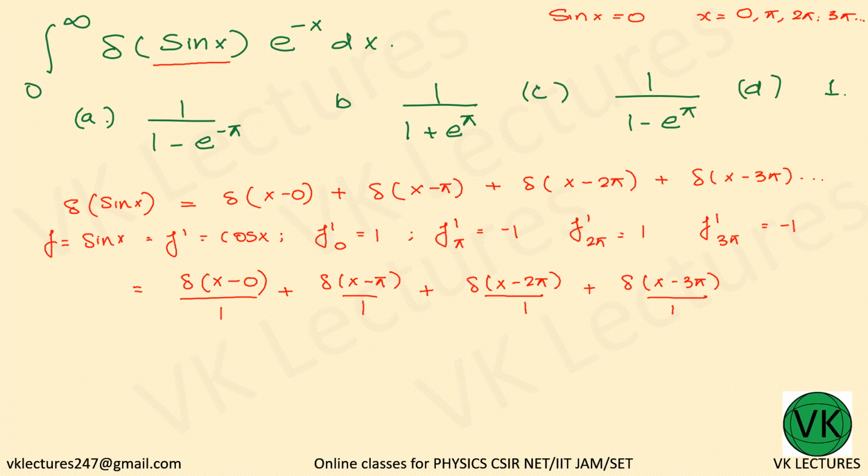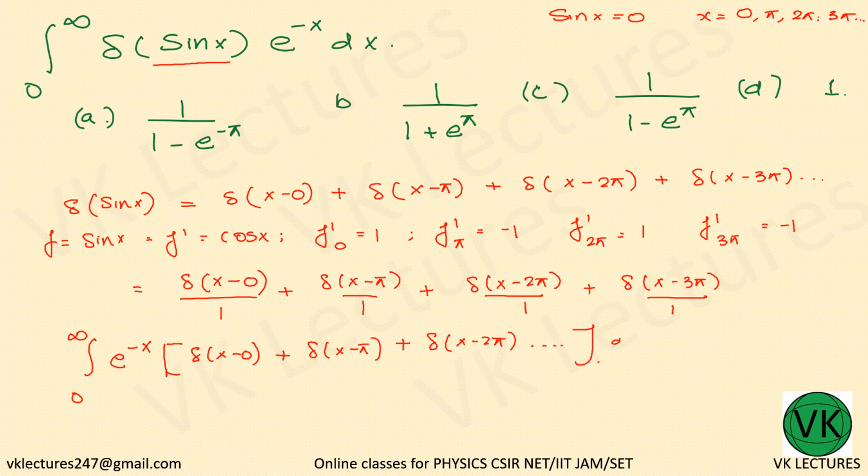Okay, now what we can do is take e to the power minus x with this. You can write the integral from 0 to infinity of e to the power minus x into delta of x minus 0 plus delta of x minus pi plus delta of x minus 2 pi, it goes on, right, dx.